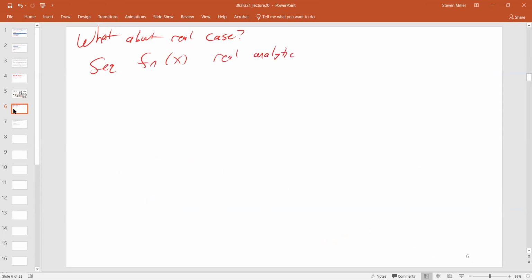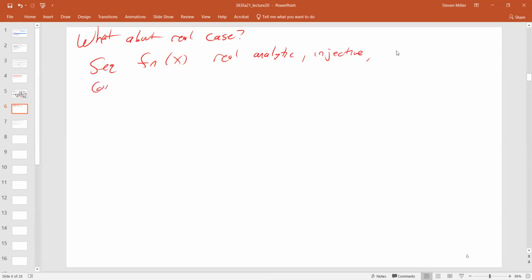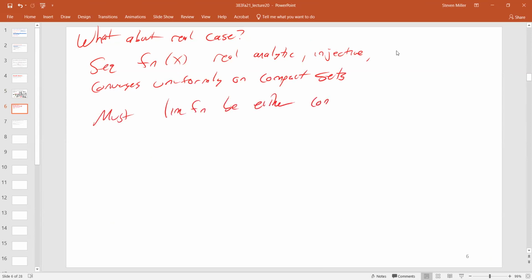That'll be my analog of holomorphic, because holomorphic means analytic. Injective, bounded, converges uniformly on compact sets. Must the limit of Fn be either constant or injective?